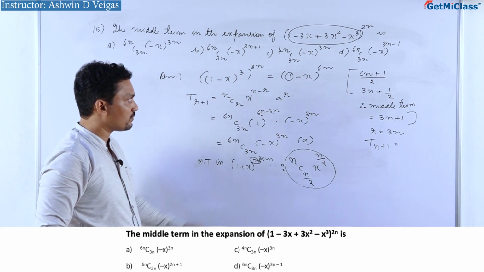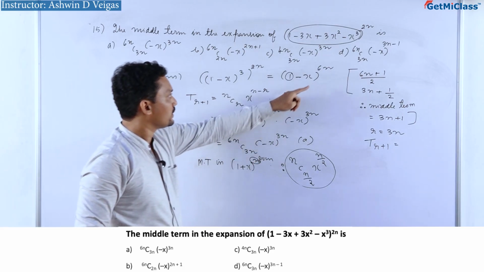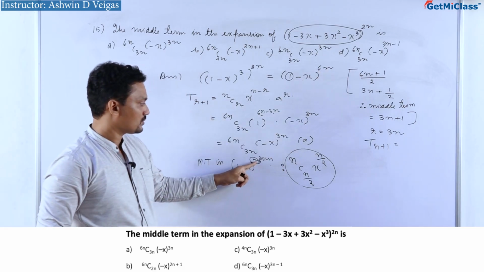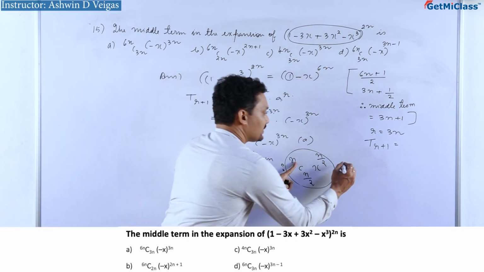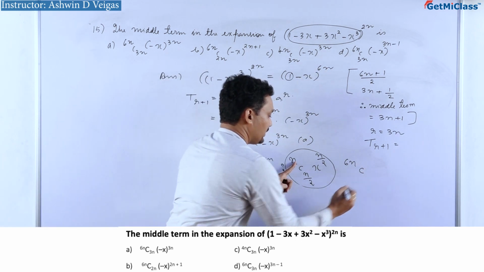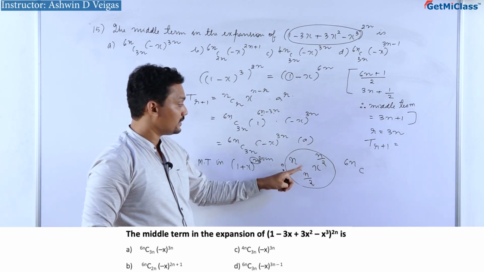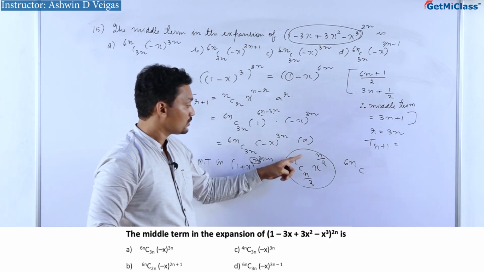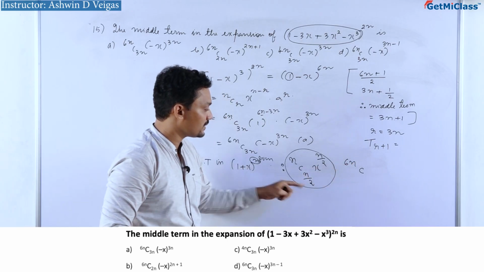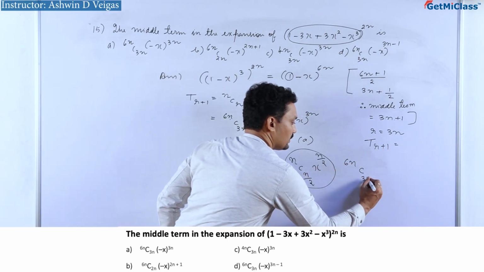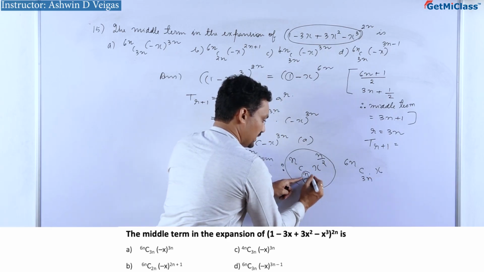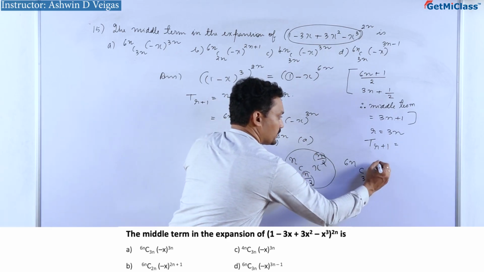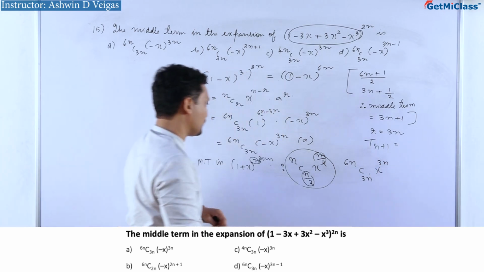Now we will check with this. You can see that 6n is an even number. So, if you put 6n here, this is 6n C half of 6n, that is n by 2, which is 3n, into x power, again this same index, 3n.